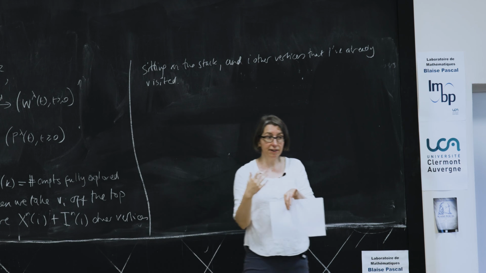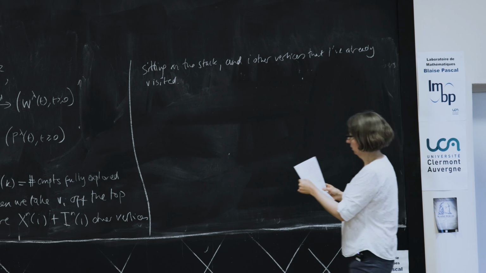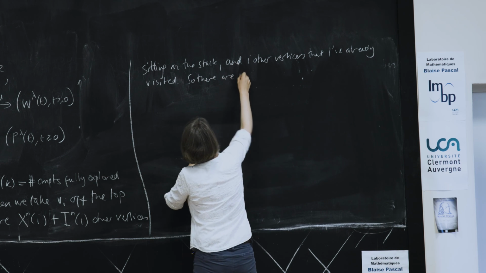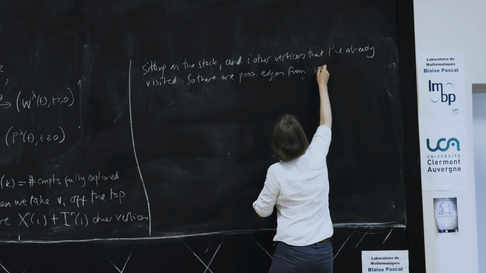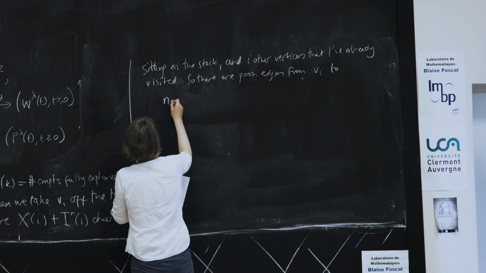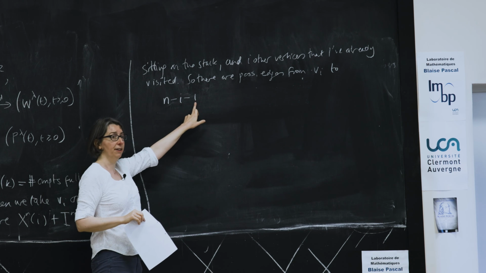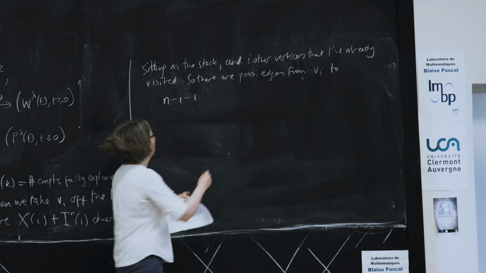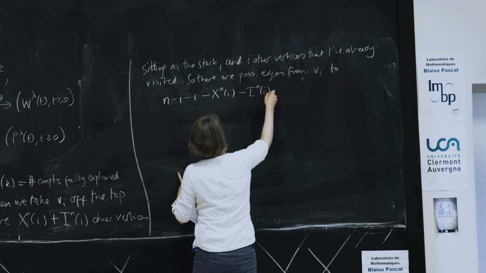Suppose I condition on these values of X_n and I_n. Then there are possible edges from this vertex v_i to how many other possible places? Well, I've got n minus i minus 1: the i vertices I've already visited, v_i. And then I also want to exclude the things that are sitting on the stack, so that's another X_n(i) plus I_n(i).